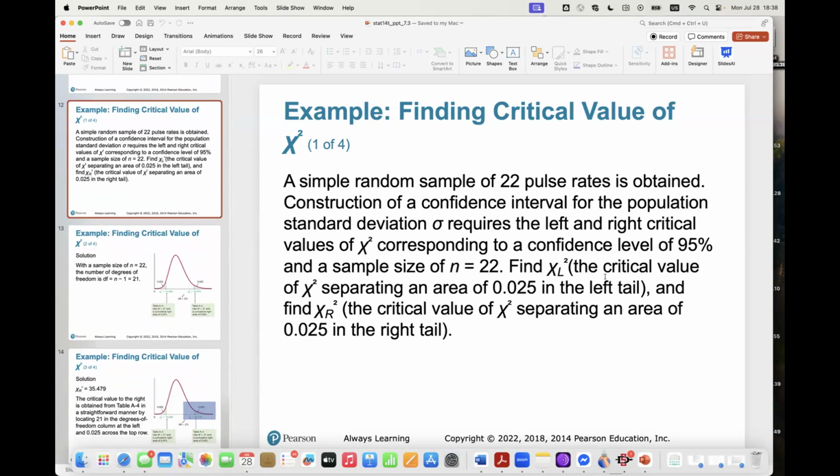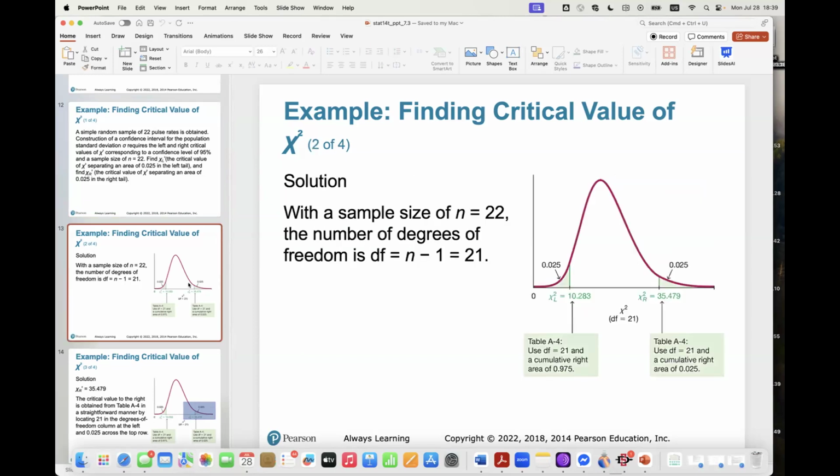Find the critical value of chi-square separating an area of 0.025 in the left tail, and find chi-square R, the critical value of chi-square separating an area of 0.025 in the right tail. So now let's do it together.